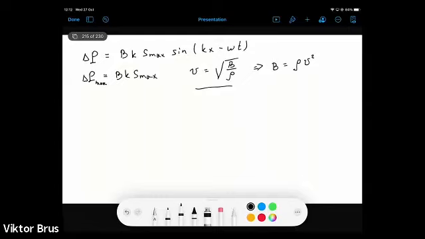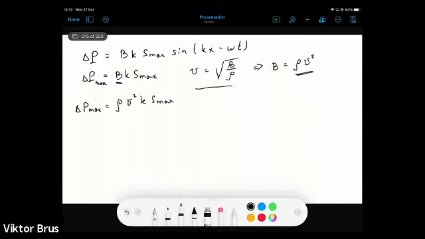So now, if we substitute instead of bulk modulus here its expression in terms of density and speed of sound, we get the following: delta P max is equal to rho times V squared times K times S max.